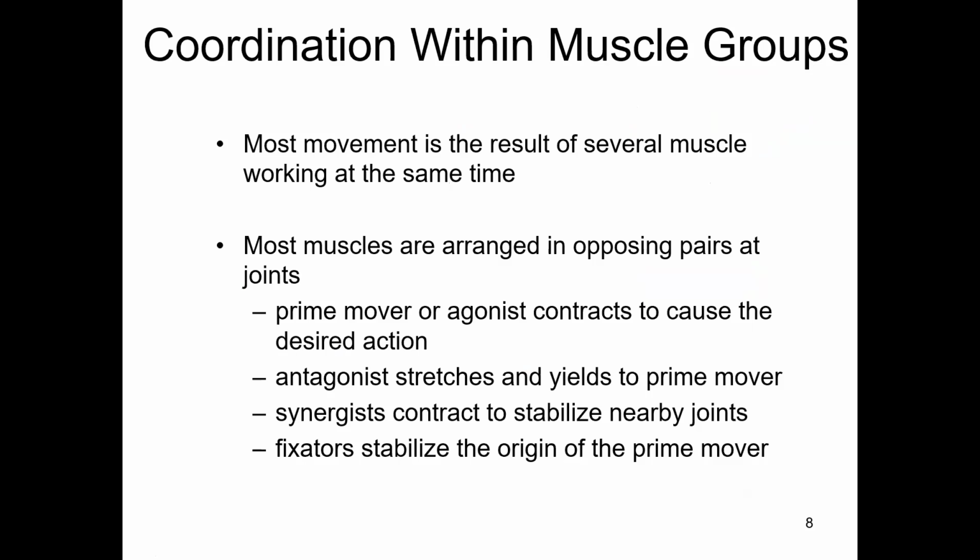And then comes the effect of the nervous system. Coordination makes skeletal muscle work very, very efficiently. We try to avoid the action of opposing muscles when a movement is desired. So the desired movement is created by the prime mover or agonist muscle.